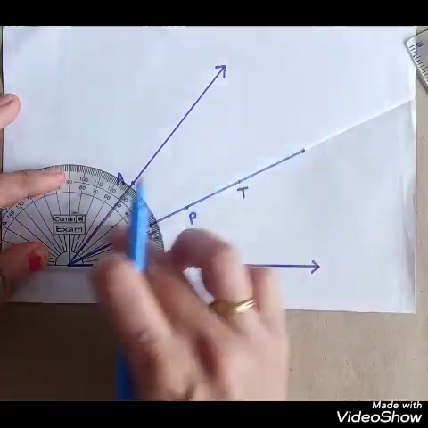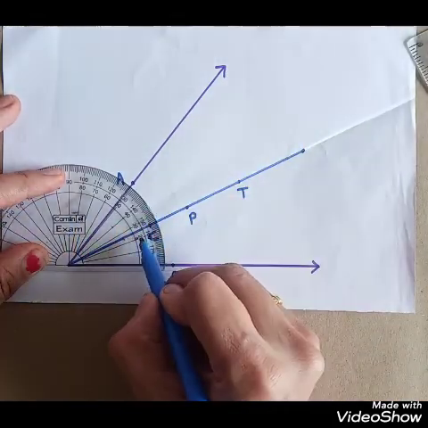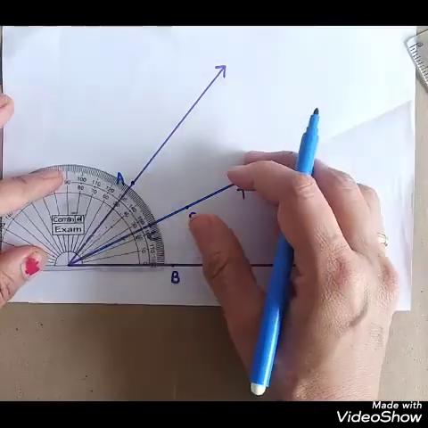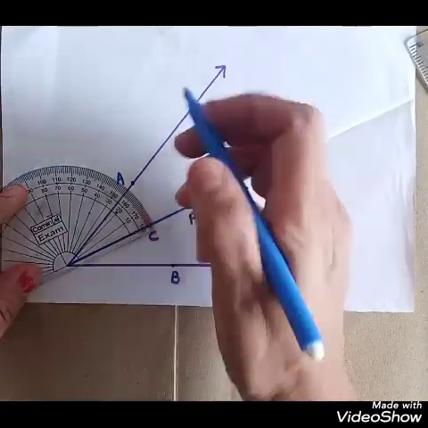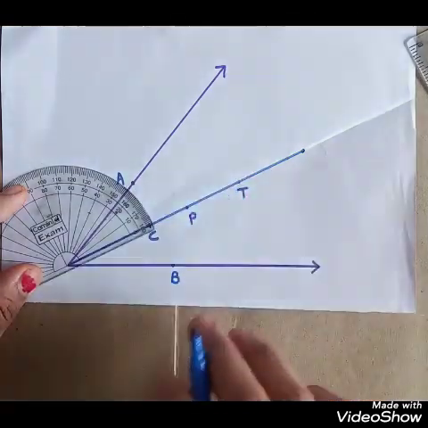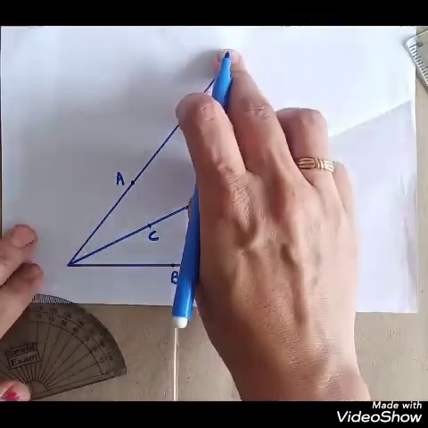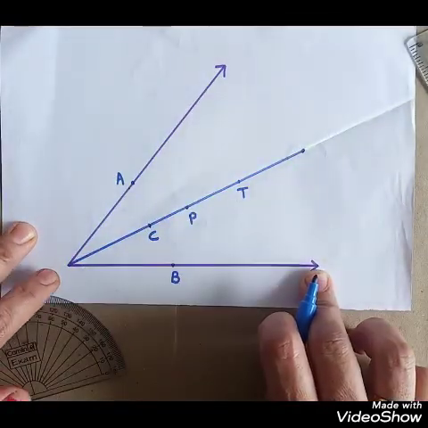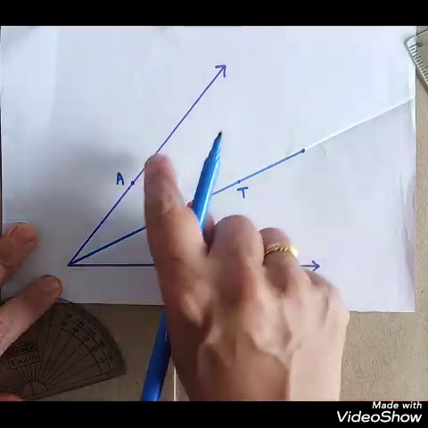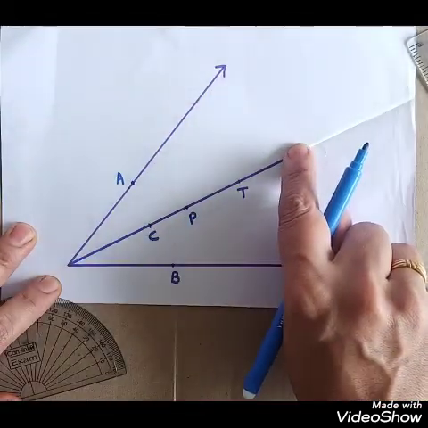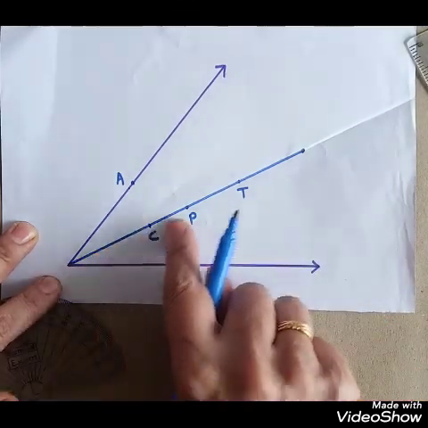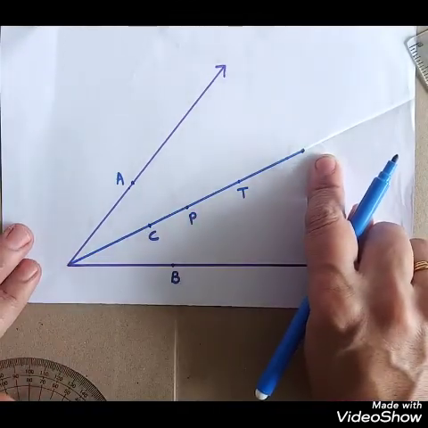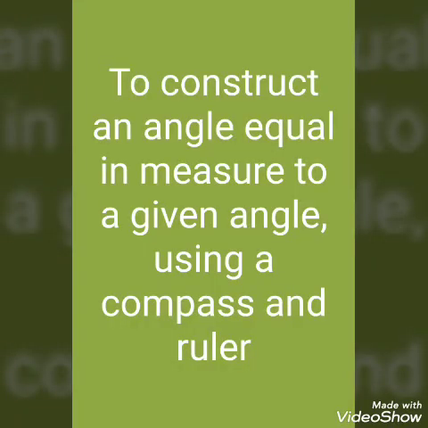Look, this angle is 25 degree and this angle is 25 degree. So this angle of 50 degree is divided into two equal parts. That is, this angle is 25 degree and this angle is again 25 degree. So this is the angle bisector.